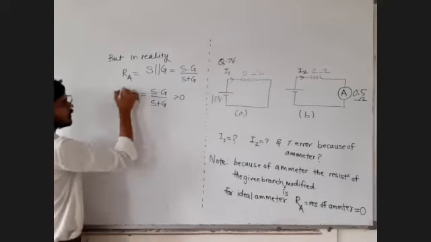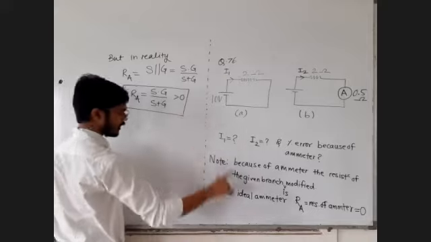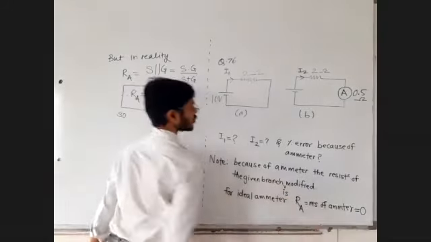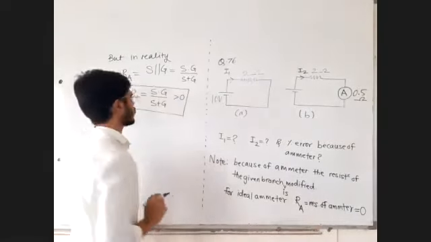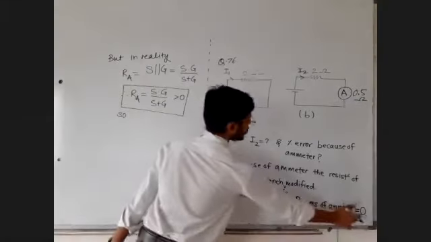So in reality the resistance of the ammeter is greater than 0. Ideally it is expected to be equal to 0, so that the circuit does not get modified. In reality it is greater than 0. Ideally it should be equal to 0.